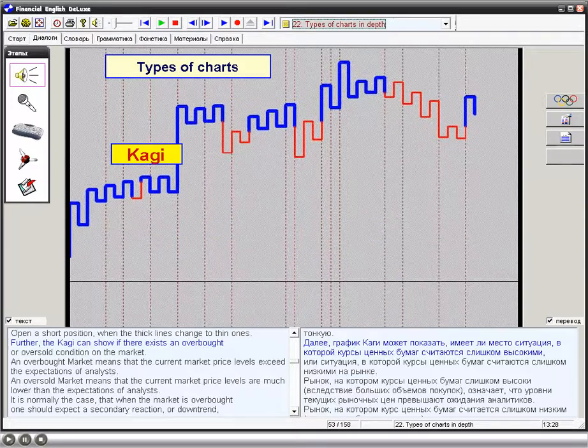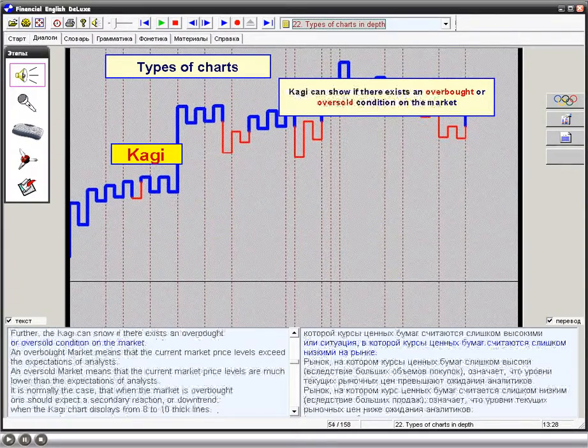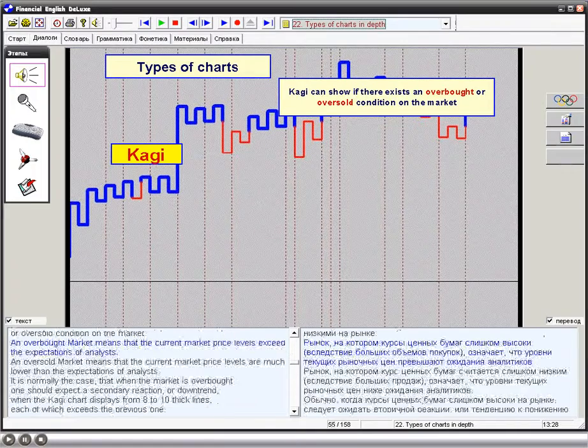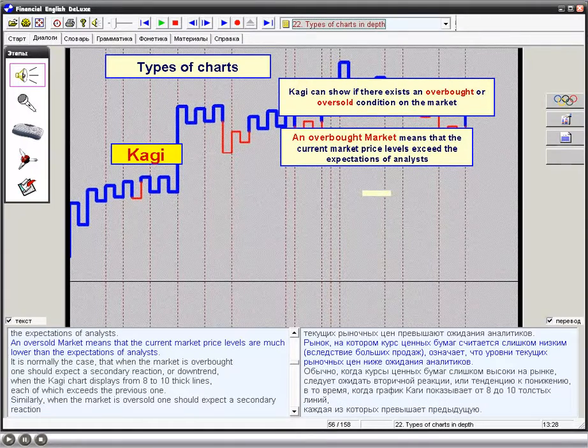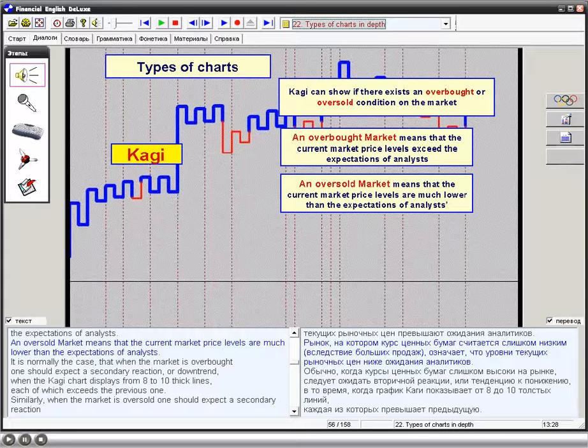Further, the kagi can show us if there exists an overbought or oversold condition on the market. An overbought market means that the current market price levels exceed the expectation of analysts. An oversold market means that the current market price levels are much lower than the expectations of analysts.